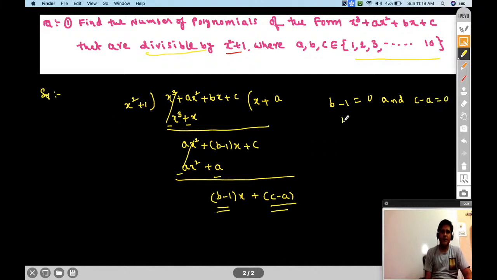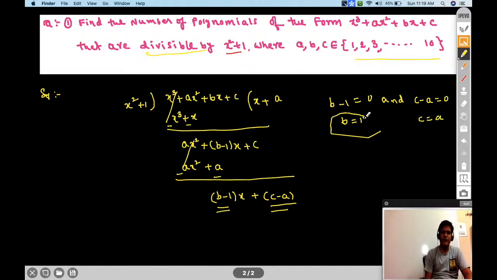That is, b is constant, therefore b is equal to 1, b takes only one value, and c and a are the same.